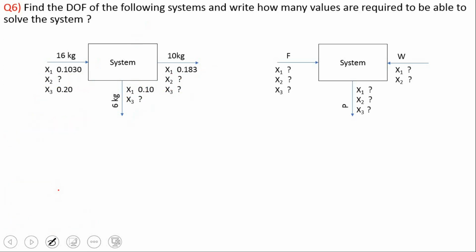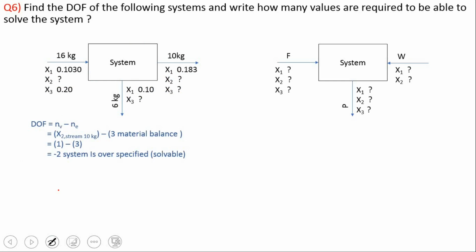So the degree of freedom is the number of variables minus the number of independent equations. We only have x2 or x3 unknown in the 10 kilogram stream. For the material balance, we have 3 material balances. So the degree of freedom is -2, which means the system is over specified and cannot be solved.